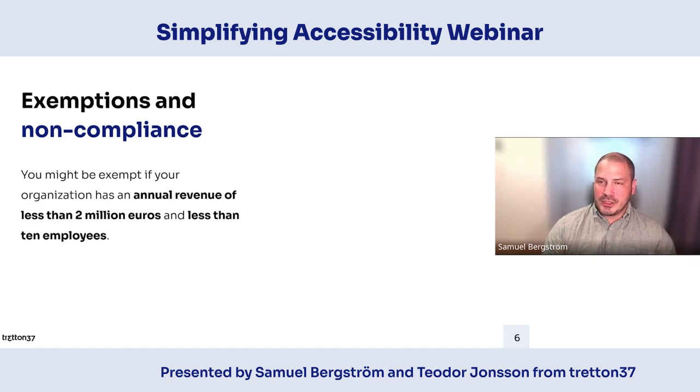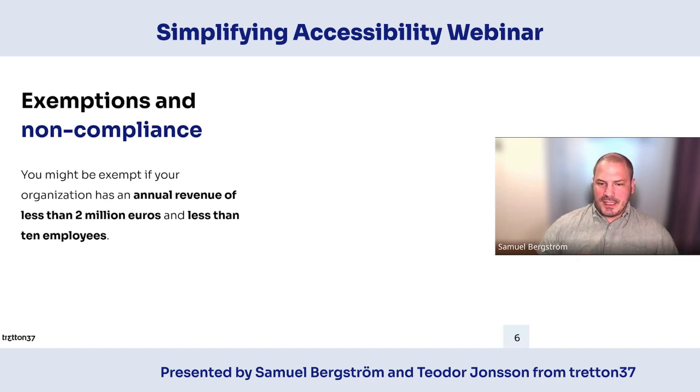In that regard, you will not have to ensure accessibility if your organization has an annual revenue of less than 2 million euros or fewer than 10 employees. There are other exemptions as well, but I don't think we need to go into the details.